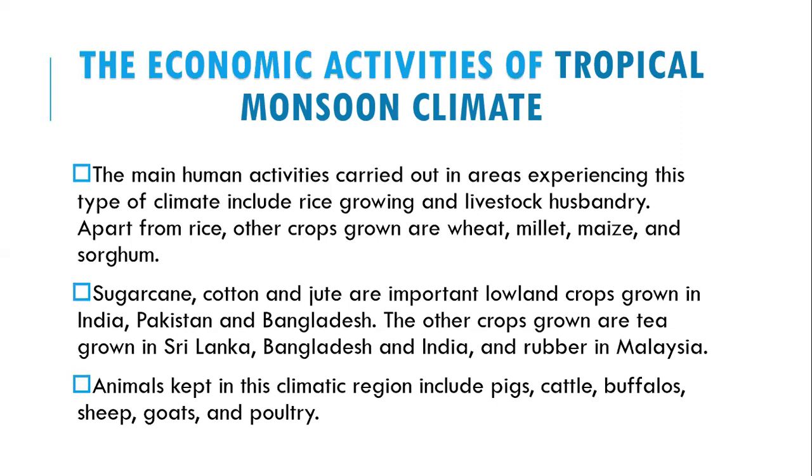Other crops grown are tea, which is grown in Sri Lanka, Bangladesh, and India, and rubber in Malaysia. Also, the animal keeping carried out within this climate includes keeping animals like pigs, cattle, buffaloes, sheep, goats, and poultry.